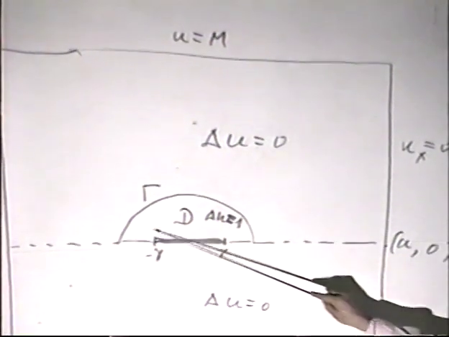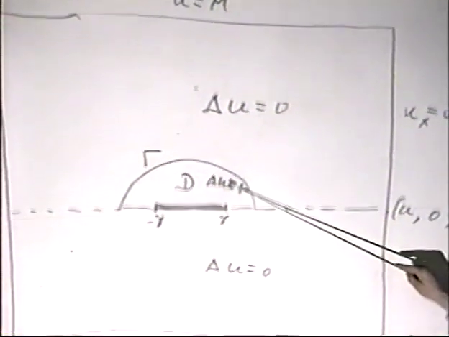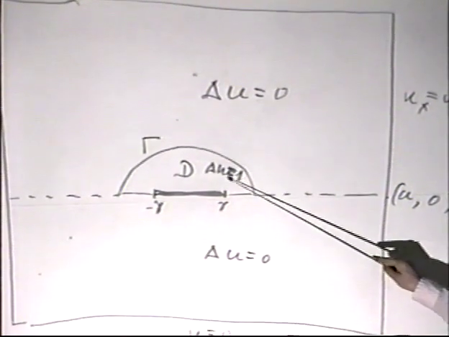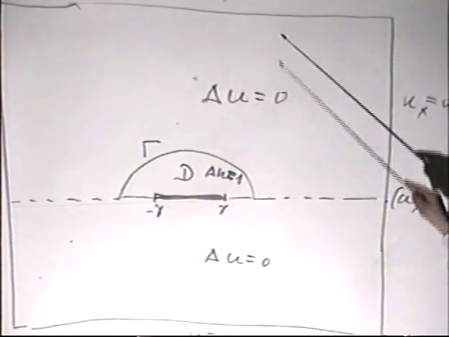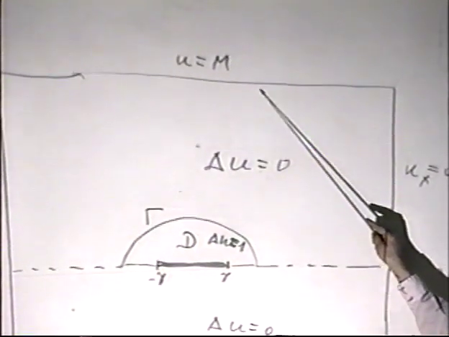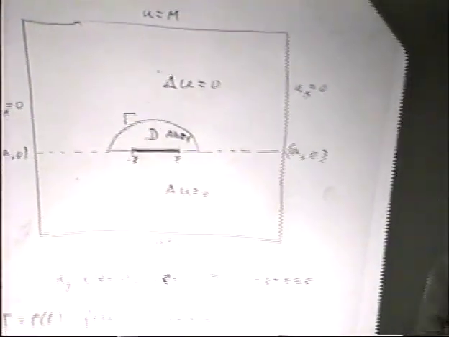This is what the toner region is, so Laplacian u is equal to a positive constant. I take it to be 1. So Laplacian u is 1 here, 0 here. And now there is a high voltage here, so u is equal to a large constant. Here u is equal to a smaller constant. We can take it 0.